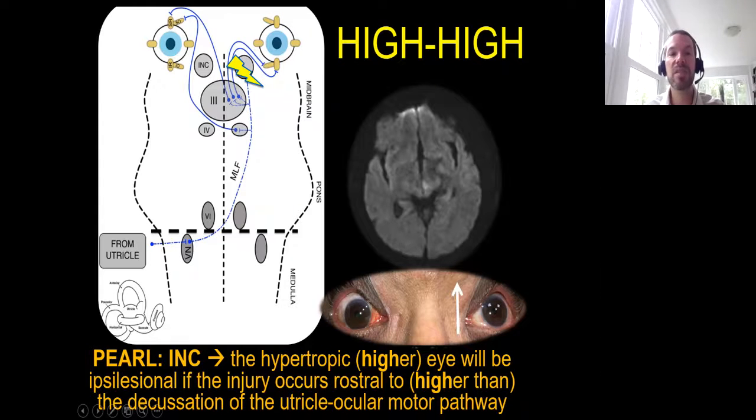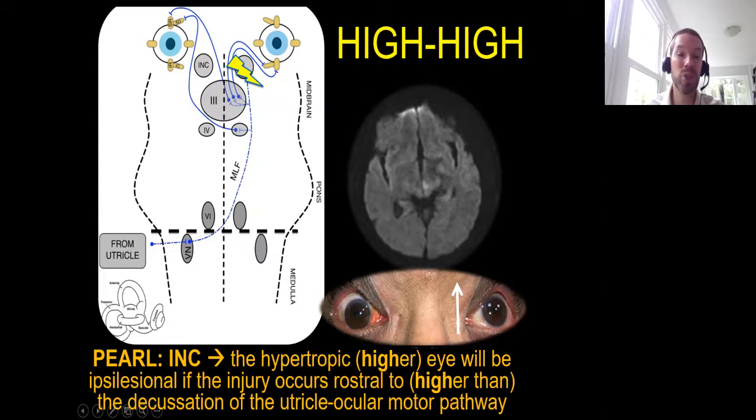As we ascend further up the medial longitudinal fasciculus, if you have an INC lesion, still we are higher than the decussation, so the higher eye is going to be ipsilateral to the side of the lesion. But if you have an INC stroke, in the acute setting you'll commonly also have spontaneous torsional nystagmus and vertical gaze-evoked nystagmus.